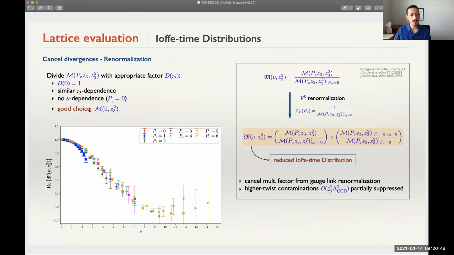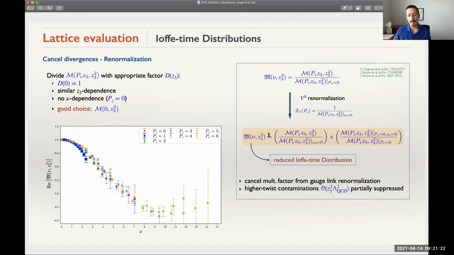And it turns out that a good choice to divide the matrix element is the corresponding matrix element at zero momentum. Furthermore, by considering the renormalization of the vector current, and choosing a momentum-dependent normalization to take into account lattice artifacts, we end up with this double ratio, which we call the reduced Ioffe time distribution.